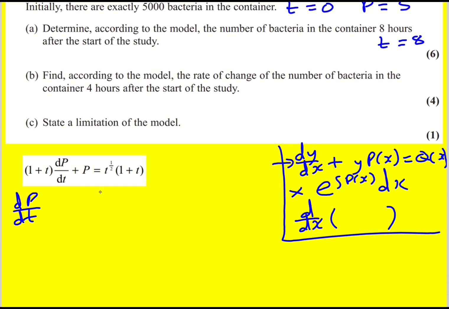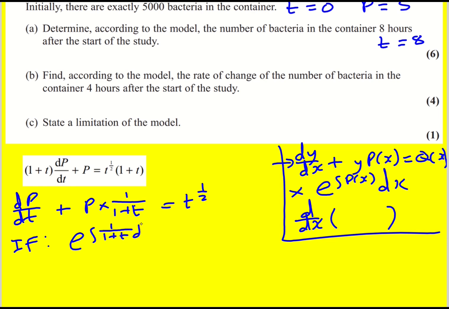So let's divide through by 1 plus t. I'm therefore going to get P times 1 over 1 plus t, and that's going to equal t to the half because it cancels out there. And then my integrating factor is going to be e to the integral of 1 over 1 plus t with respect to t.